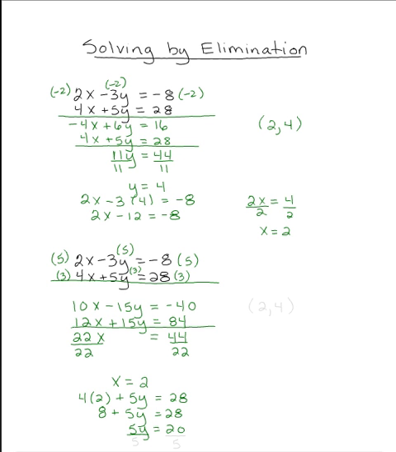Divide both sides by 5, and y equals 4. So our solution is the point (2, 4), which is exactly what we got the first time around. So as you can see, it doesn't matter which variable you want to eliminate. You will get the same answer either way.